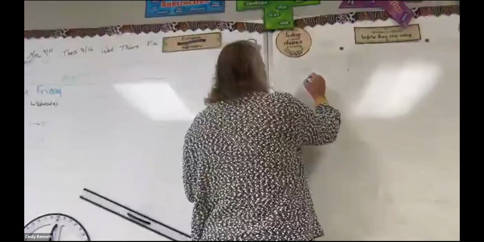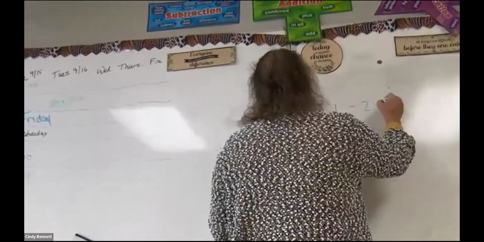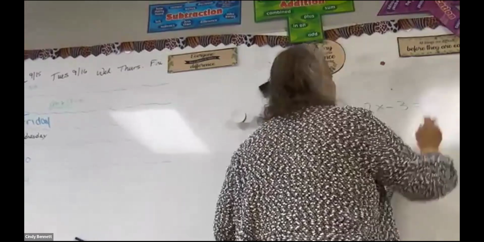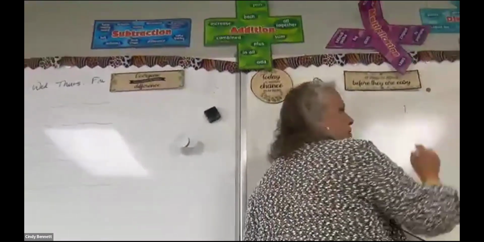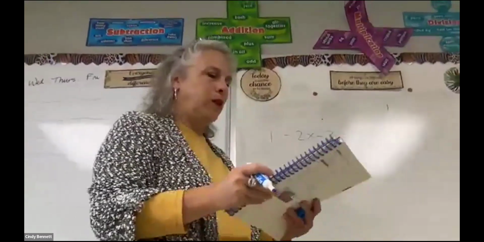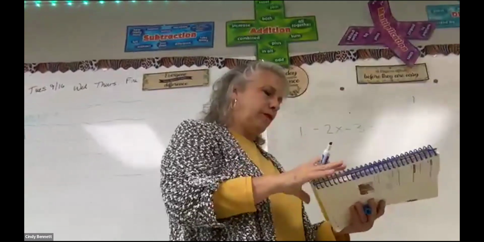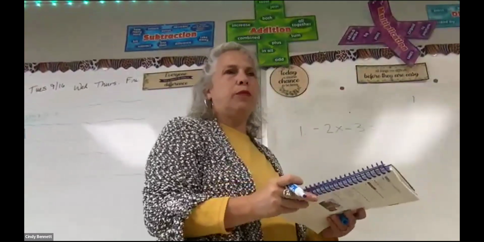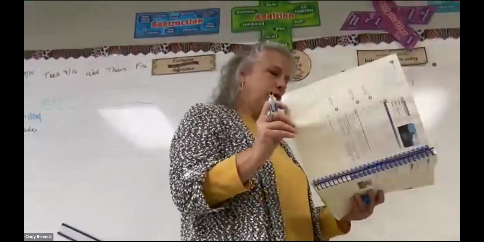Okay, so what is the rule? We're gonna do number 1, -2x minus 3 equals 7. What is the first rule for solving equations? You can look in your book, where the examples are. No, that's not the first rule.